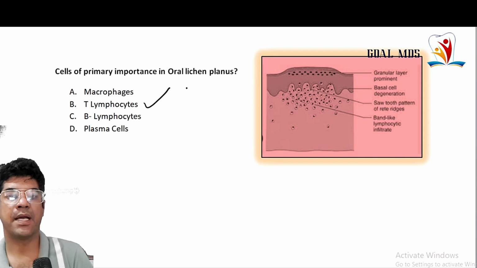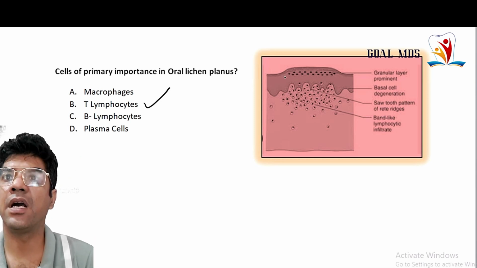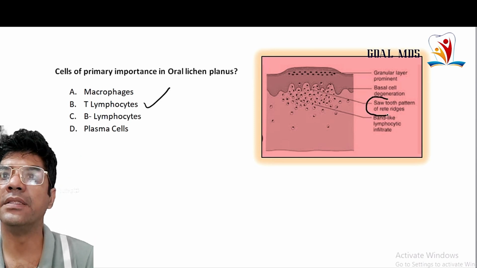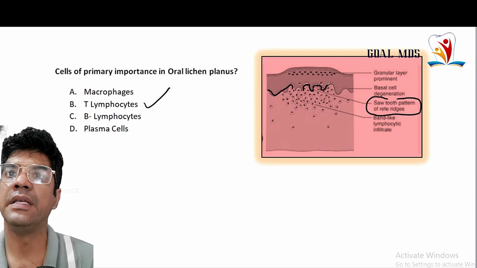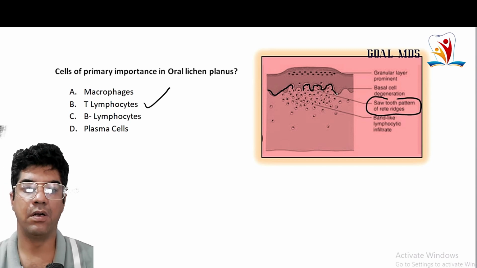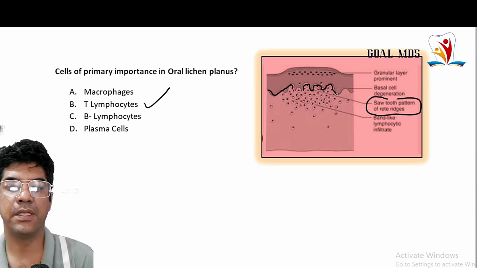One of the main characteristic features of oral lichen planus is the presence of saw-tooth rete pegs. These rete pegs are in the shape of a saw or band-like pattern.